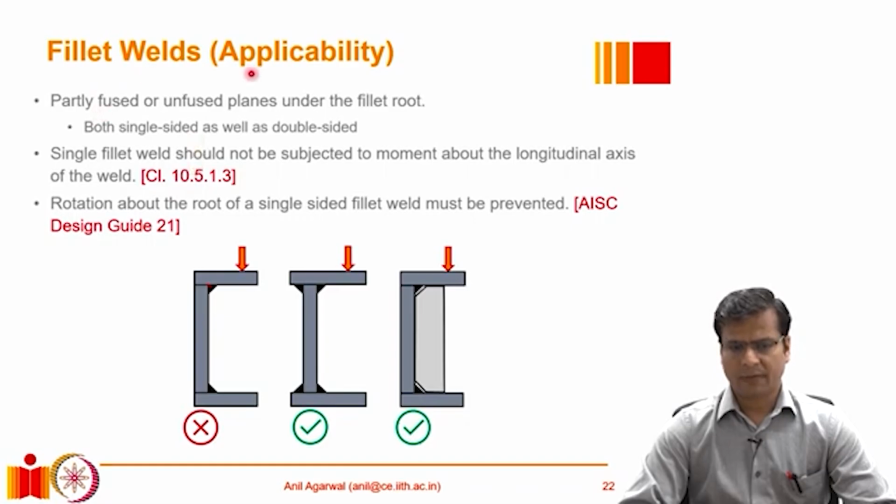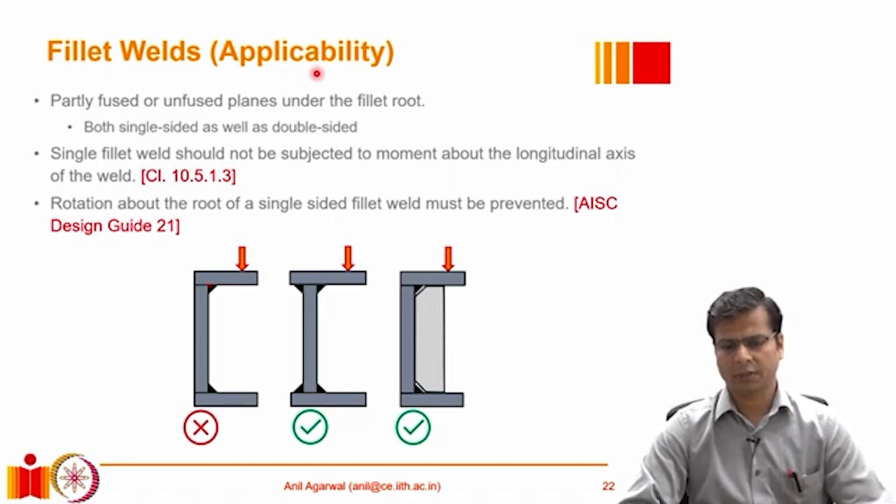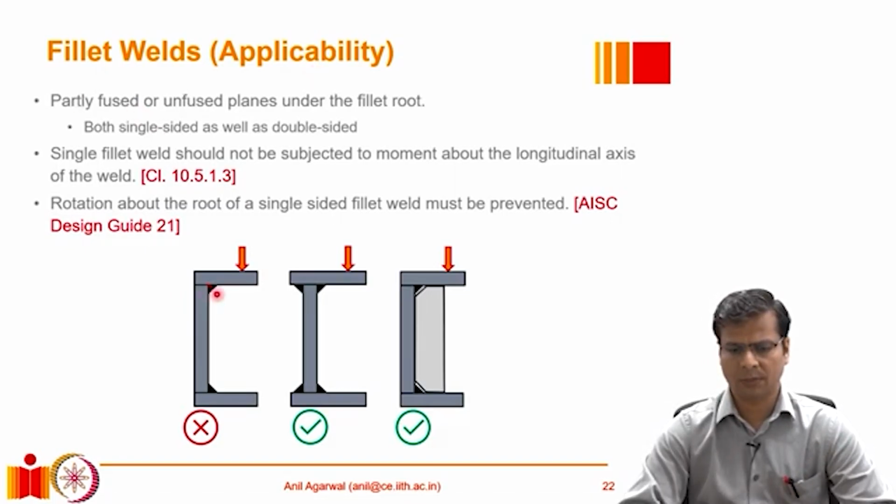As we just discussed, the fillet welds behave in a somewhat similar fashion as the partial joint penetration welds. Fillet welds provide a weld between two perpendicular surfaces, and there is always a portion of the combined surface which is not fused together.